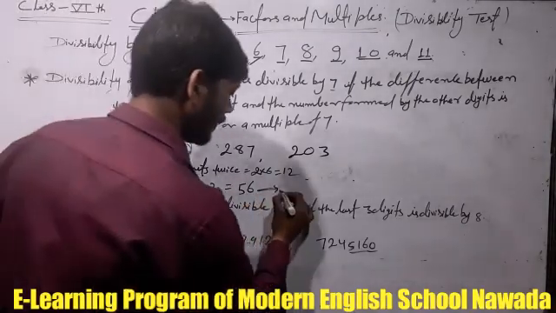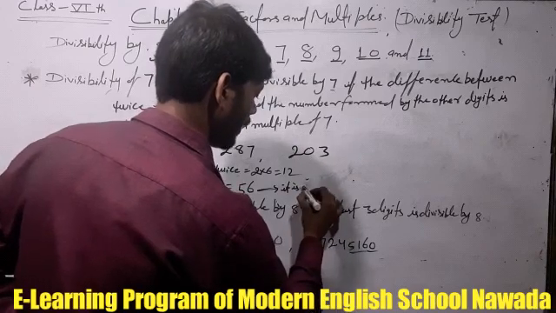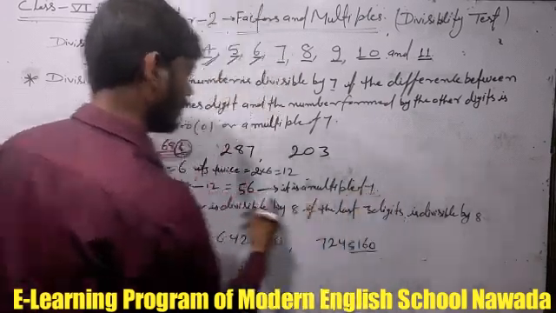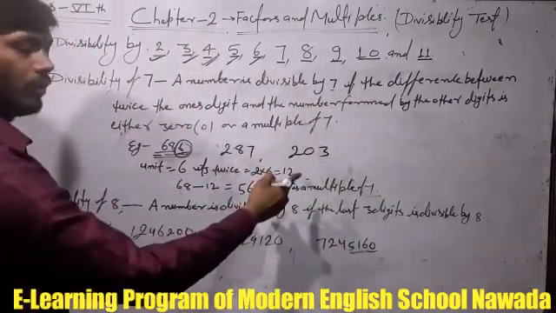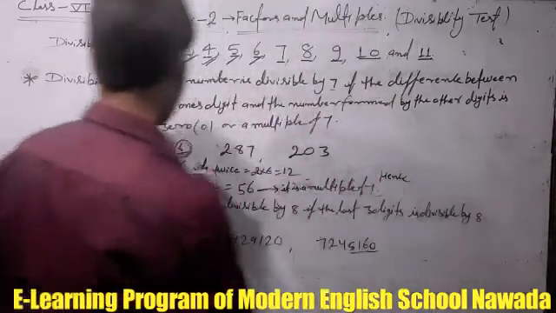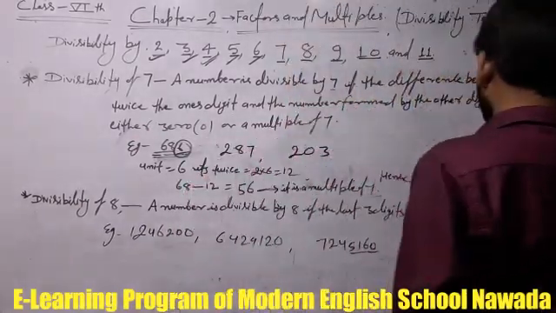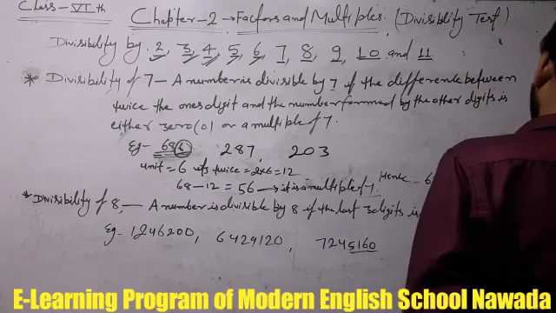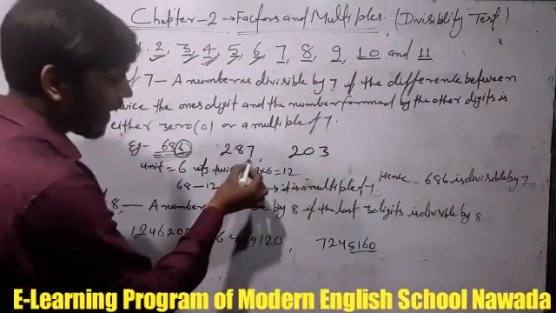That means it is a multiple of 7. 56 is a multiple of 7. Hence, according to this rule, the number 686 is divisible by 7. Understand?